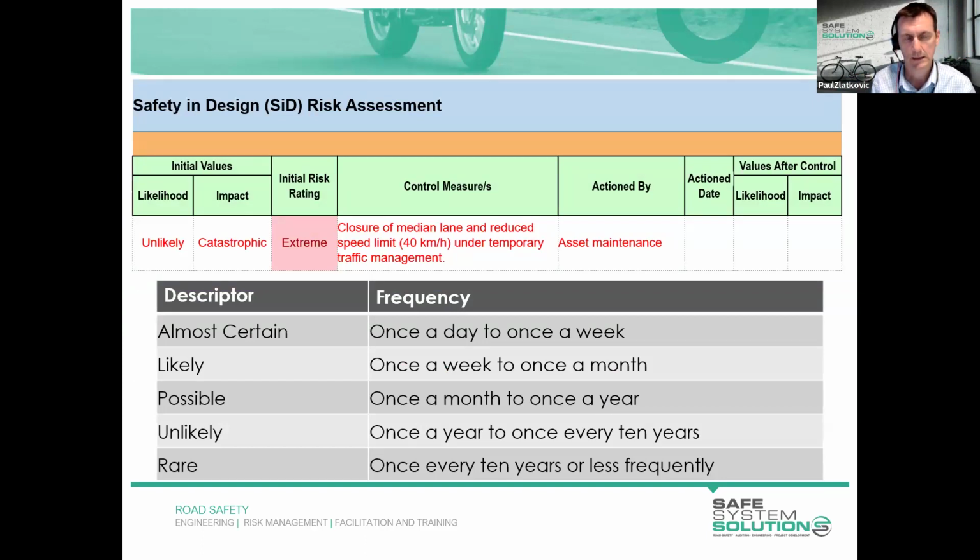So there would be one lane of traffic in each direction on the curbside lane, the lane furthest away from the central median, and that would be running at 40 kilometres per hour. And temporary traffic management would be signage, traffic controllers, traffic cones, etc.